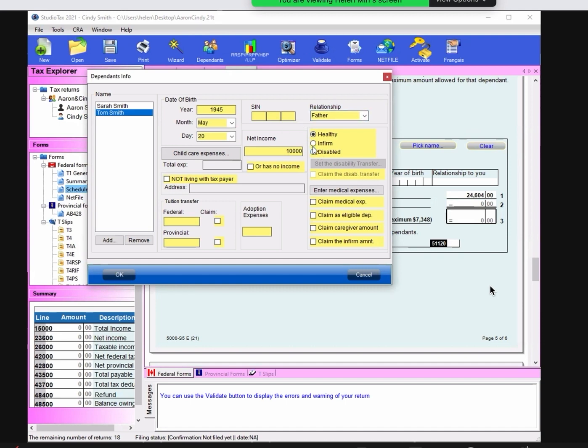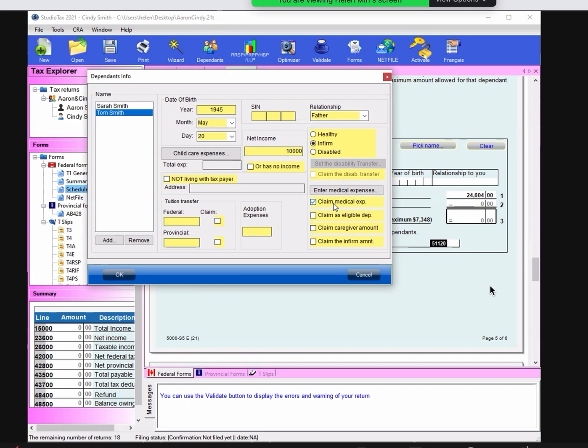Then if Tom is infirm, it asks: claim medical expenses? Medical expenses are possible if Cindy and Aaron paid medical expenses for Tom.